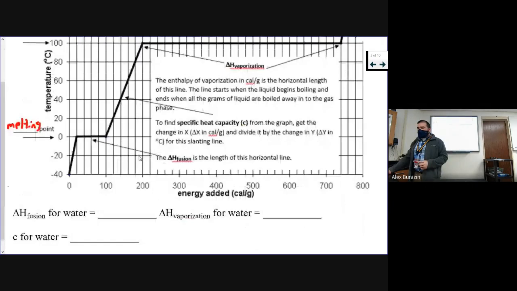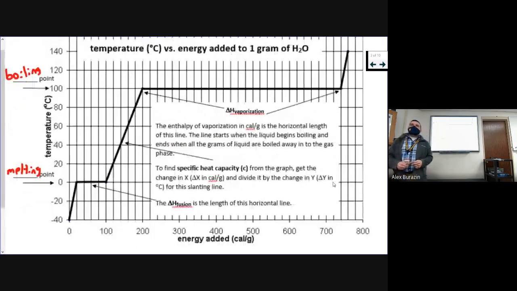Now, a couple other things from this graph, and you've got this nice little box here with a whole bunch of explanations in it. We have the phase changes, and during those phase changes, we have something called the enthalpy of vaporization or the enthalpy of fusion. Vaporization is the fancy word for talking about the boiling / condensing point.